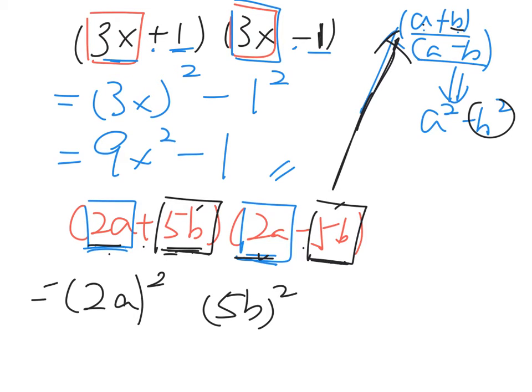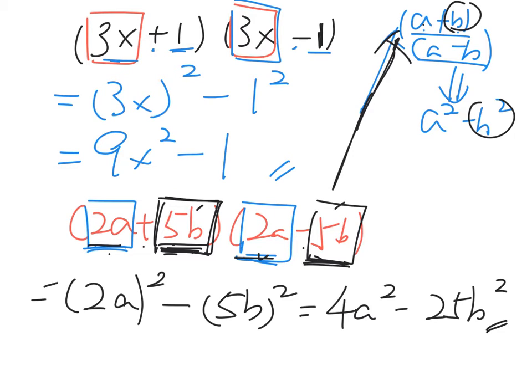The same, b means a whole b, everything in the b. So b can be a term like this, and then the whole thing takes the square. And minus, that means it is 4a squared minus 25b squared.